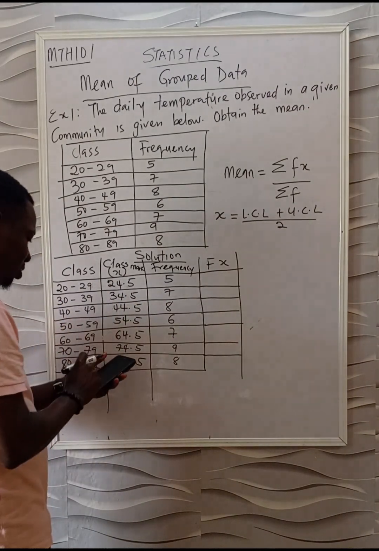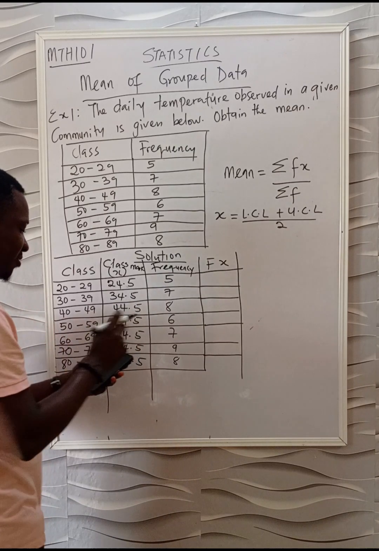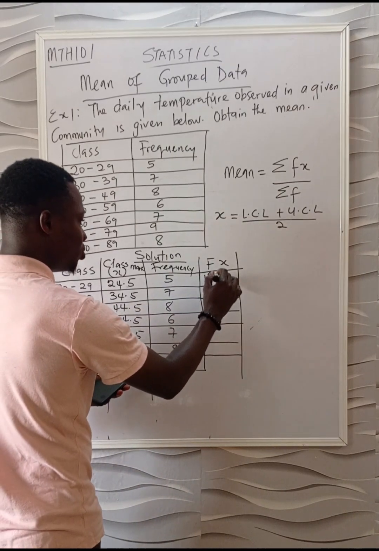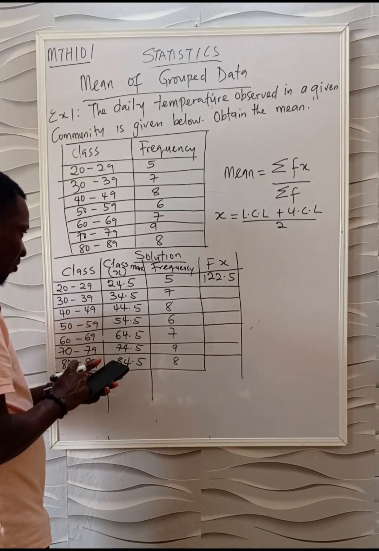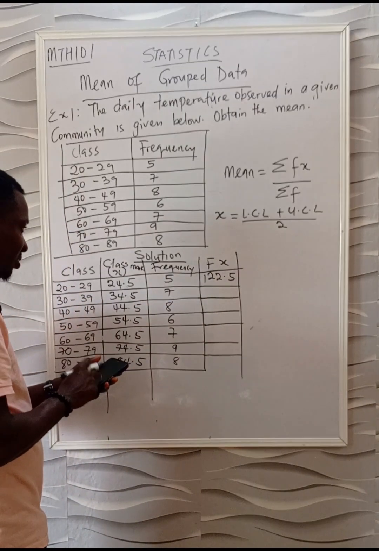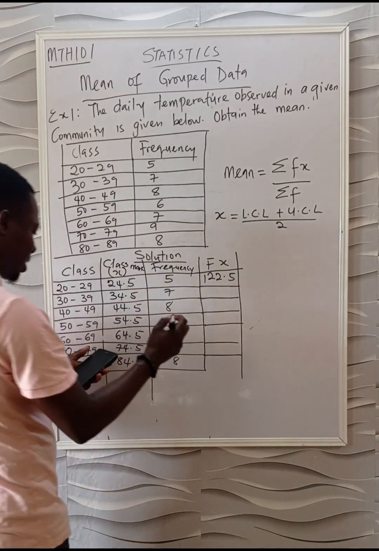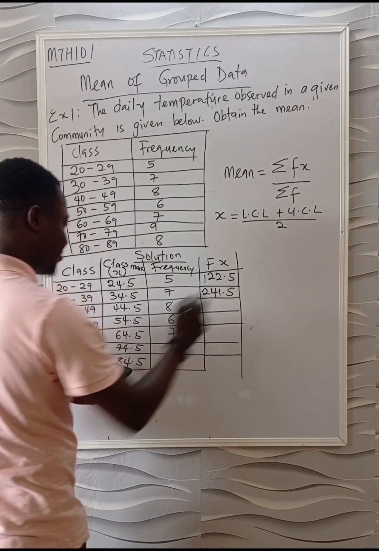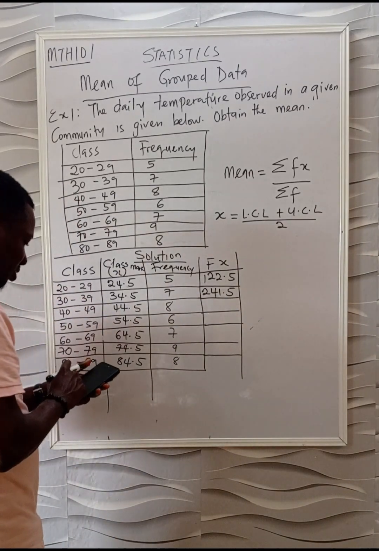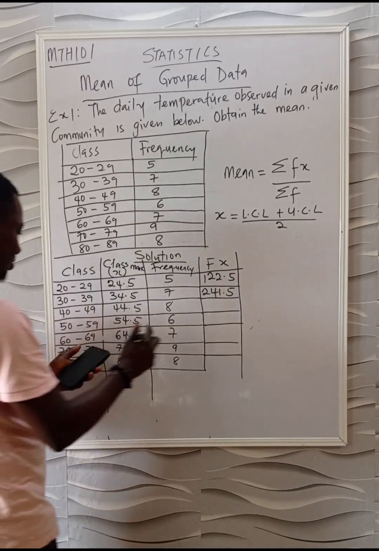So we have 24.5 times 5 gives us 122.5. The next one is 34.5 times 7, which is the frequency, gives us 241.5. The next one is 44.5 times 8, gives us 356.